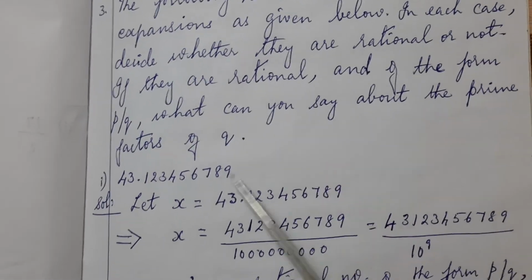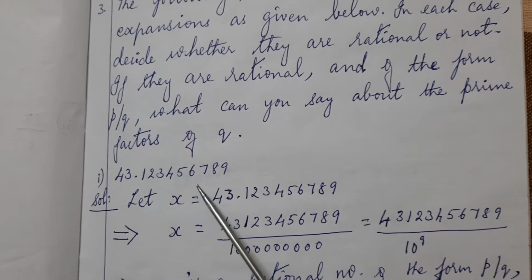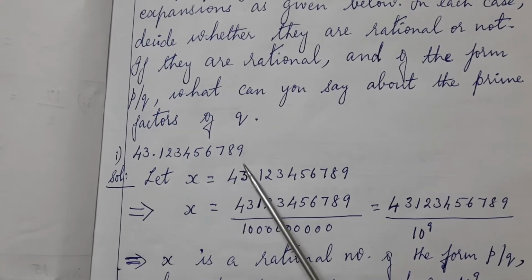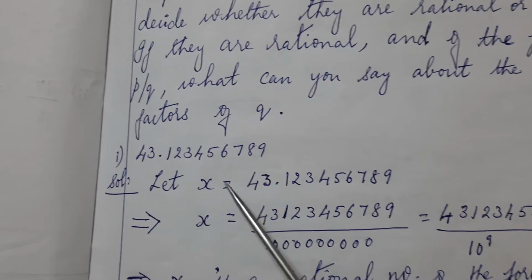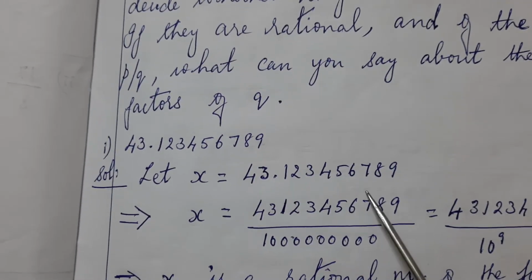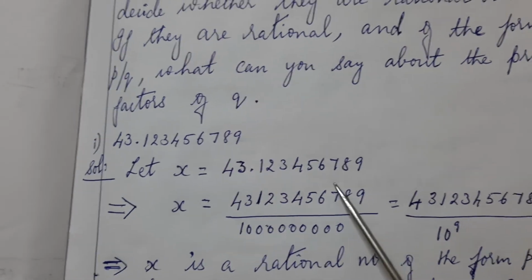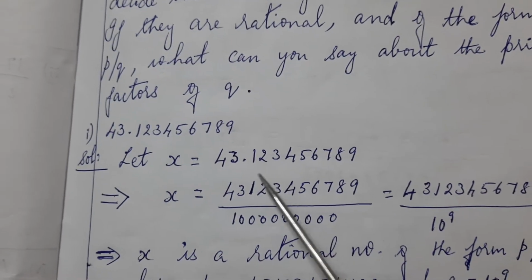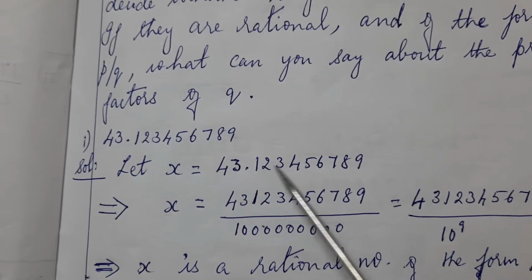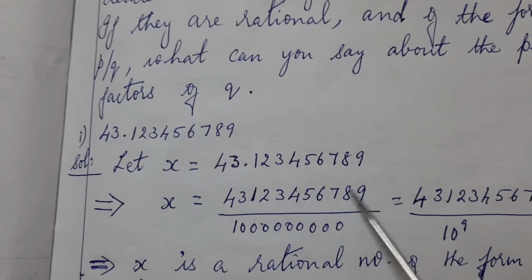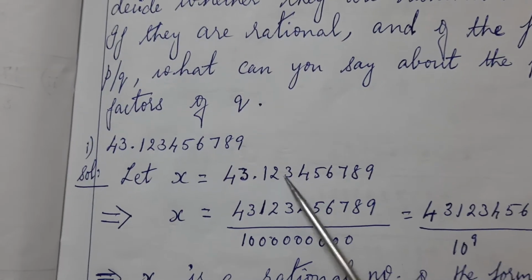The first question is 43.123456789. Now, let this be x. x is equal to 43.123456789. Now how will you write this as a fractional number? 43.123456789 by, after the decimal, how many digits are there? 9.